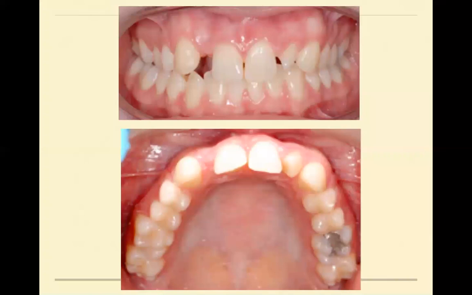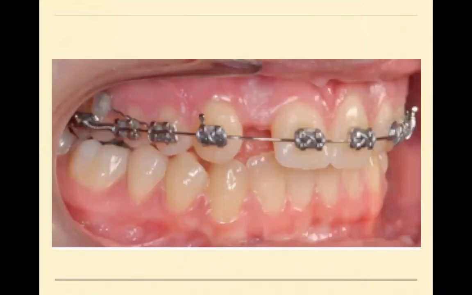And that left us with the last option of space creation, which is simply distalization. So what we did is we fit this patient with mini screws, as you can see, the one with a composite on it, that's to reduce the irritation to the gingiva, and we tied it to the lower 4. And we placed a push coil between the 5 and the 6. Now the push coil is going to push teeth in both directions.